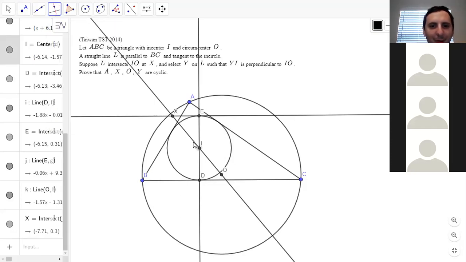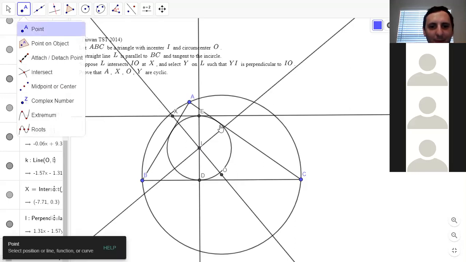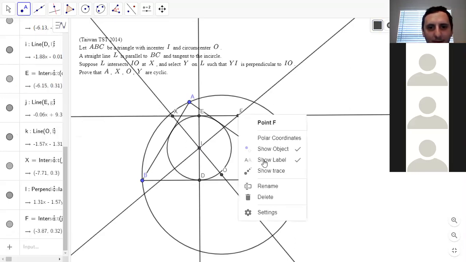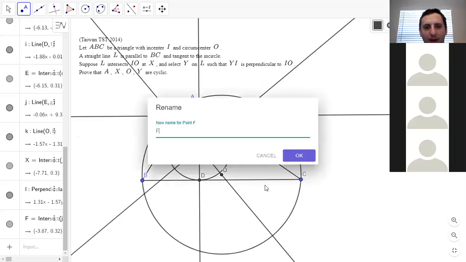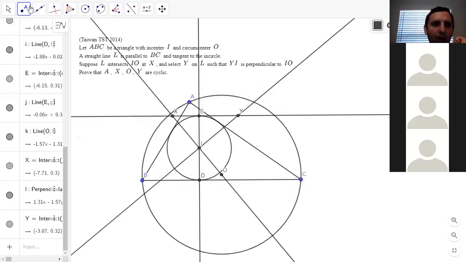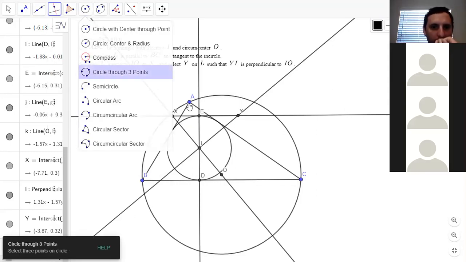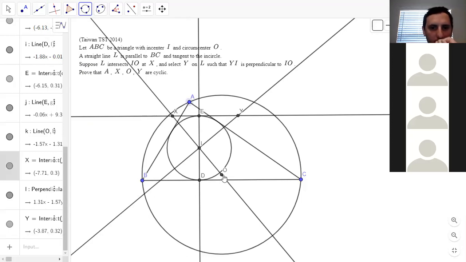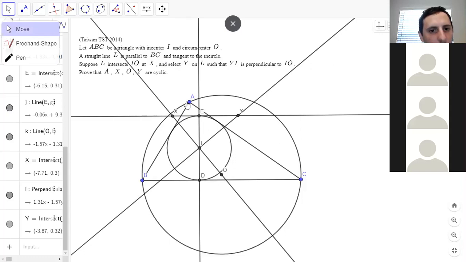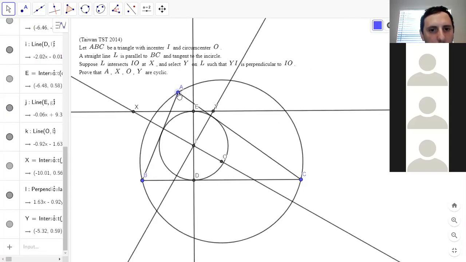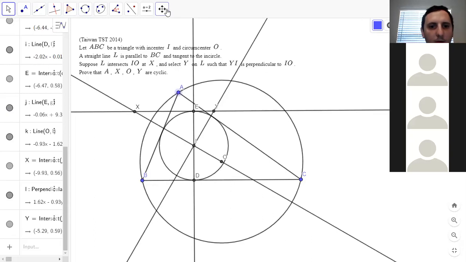Oh, this problem feels so familiar. I feel like we've done this before. So we want to show AXOY is cyclic. Interesting. Okay. Yeah, I'm almost sure we've done this problem before.